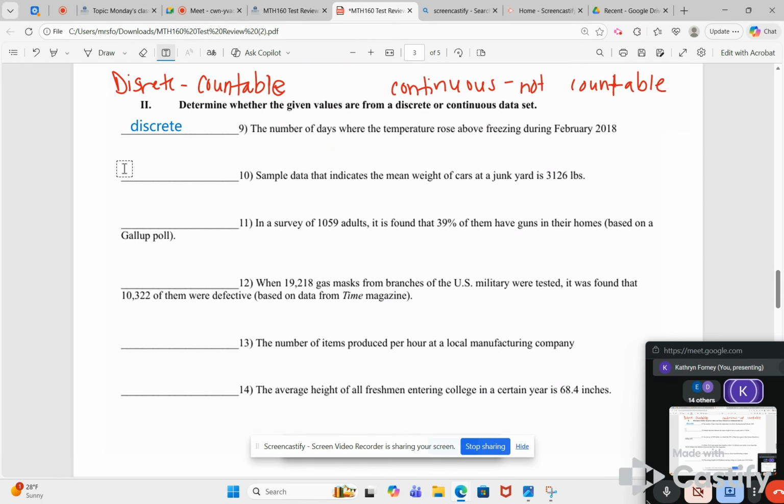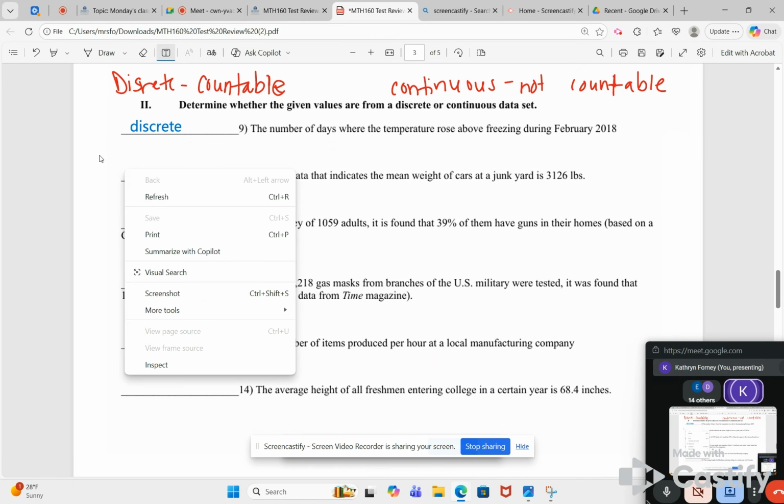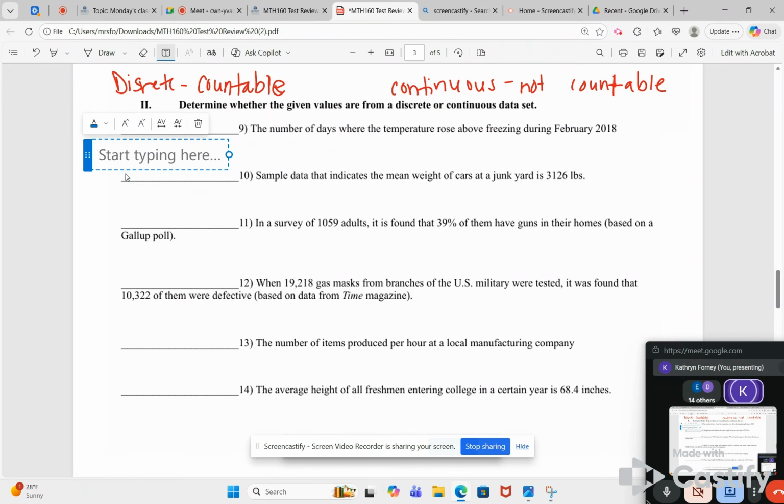Now, number 10 says sample data that indicates the mean weight of cars at a junkyard. When we're looking at the mean weight, you don't really count that. That's calculated. So the mean would be continuous because you don't count the mean. You would have to compute.